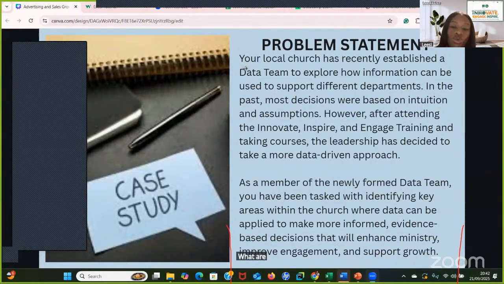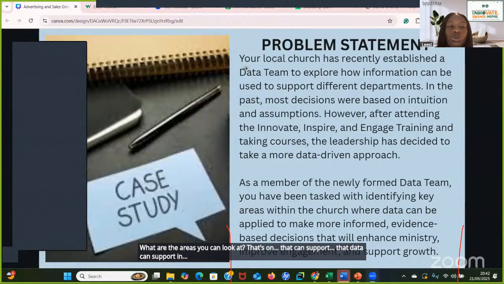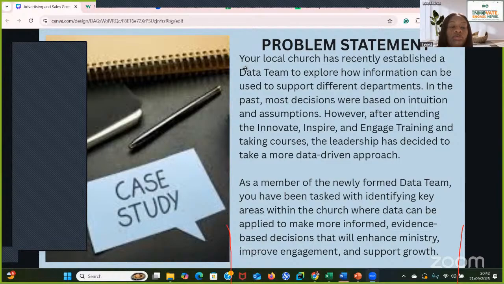What are the areas you can look at that data can support in church growth?